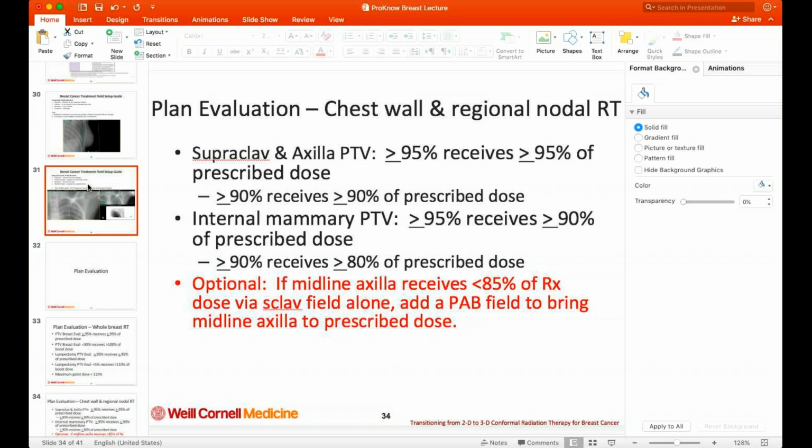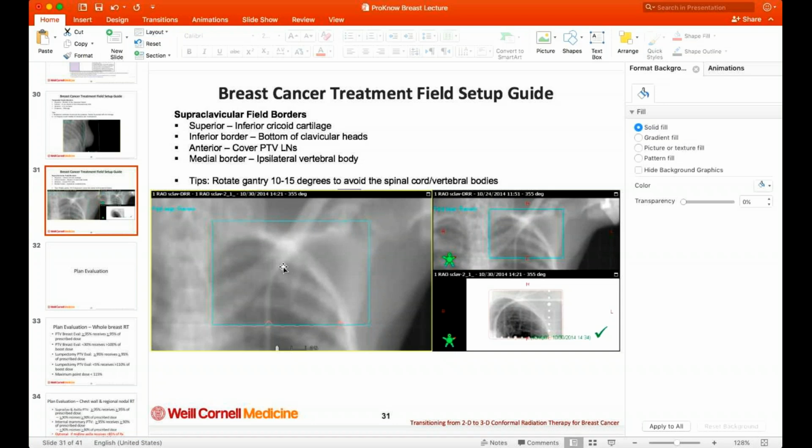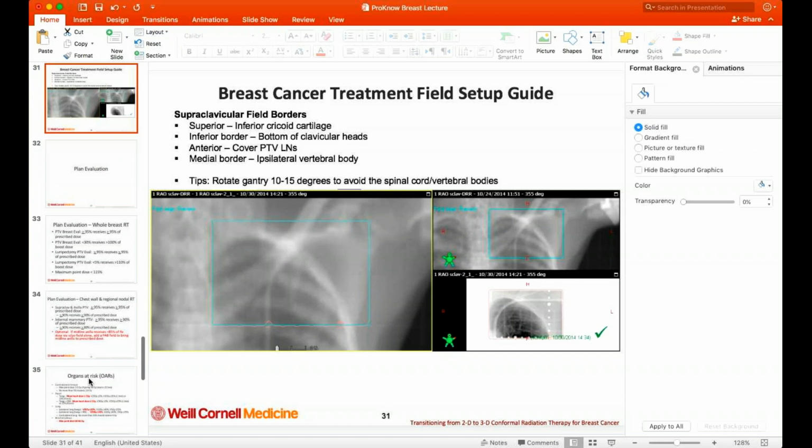And what you would do is just copy and oppose the supraclavicular field, and then you would block along the clavicle so that you can increase the dose to the level 2 axilla. So that should be a way for people to boost the dose to the axilla using a second posterior field.